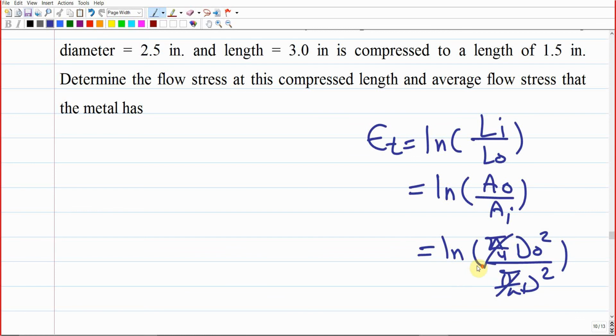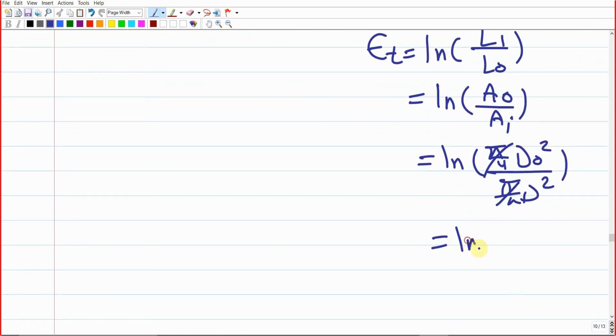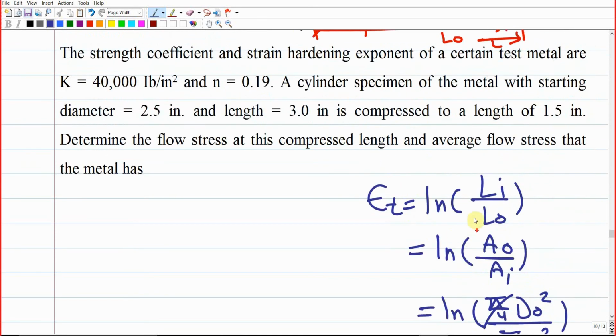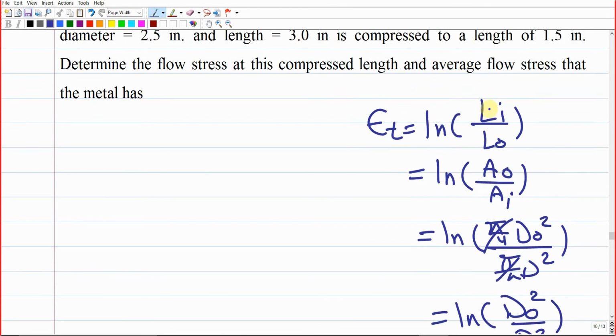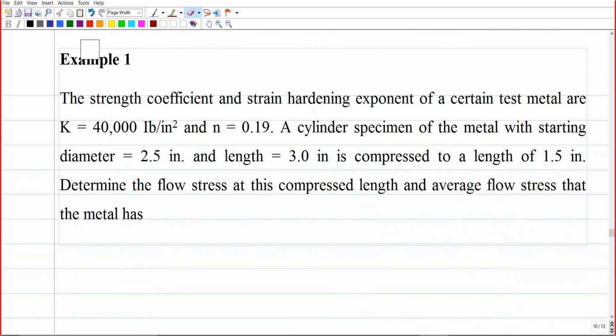If we cancel the pi over 4 with the pi over 4, this is going to give us D0 square over D square. You got my point? So if we decided to work with the diameter, we have to consider the squares. But for the lengths, we have to consider the lengths itself. There is no squares.